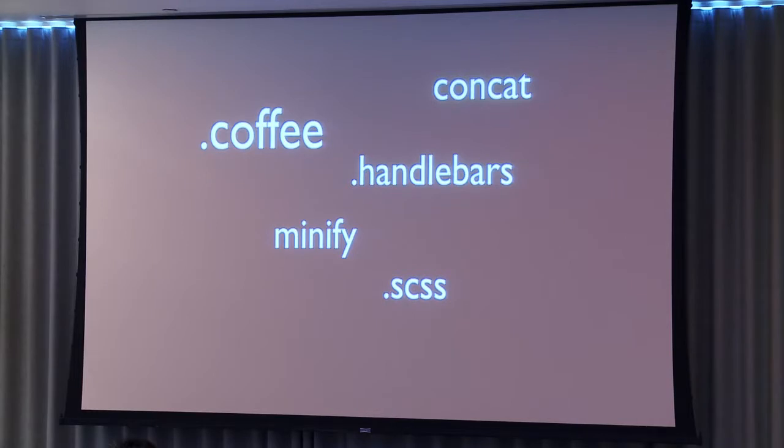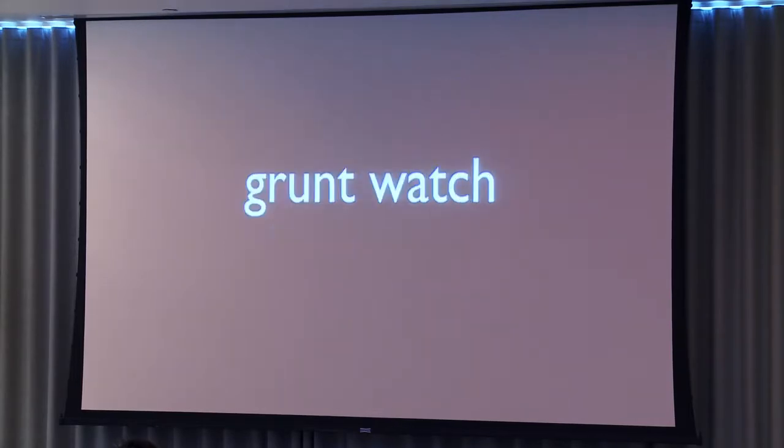So you want to edit a file and then reload in the browser. So what a lot of people do is use a plugin like Grunt Watch. So whenever a file changes, whenever you save, it notices the change, rebuilds your app, and then you can reload in the browser.